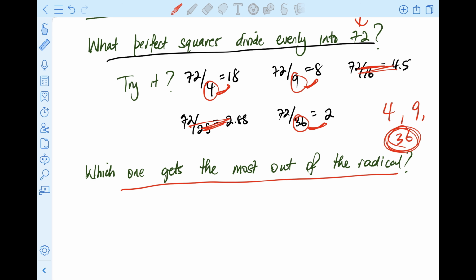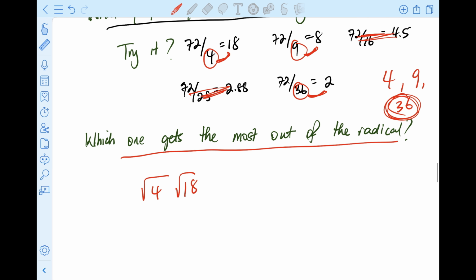And this is the most important part of the lesson because technically 4 still works, but I'd end up with the square root of 4 and the square root of 18, which would give me, what's the square root of 4, guys? It's 2. So I'd end up with 2 root 18. Similarly, if I use 9, square root of 9 and the square root of 8, I'd end up with, what's the square root of 9? 3 root 8.